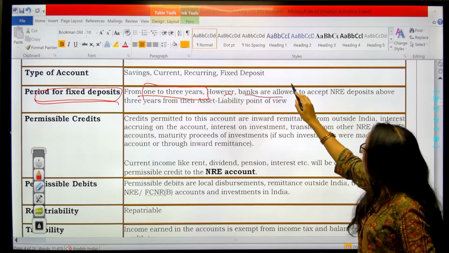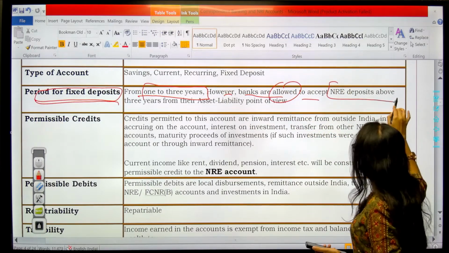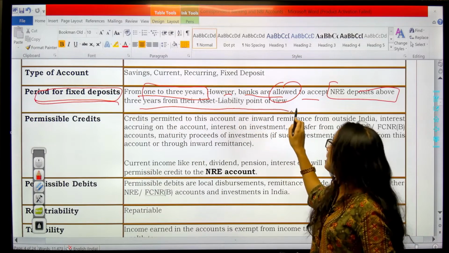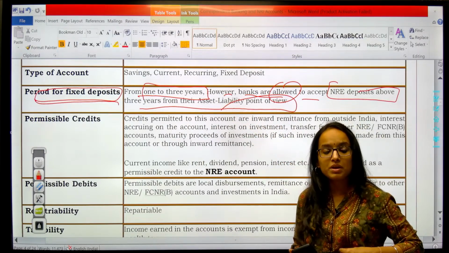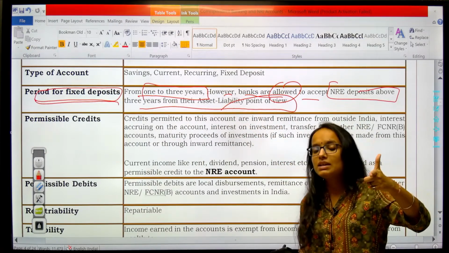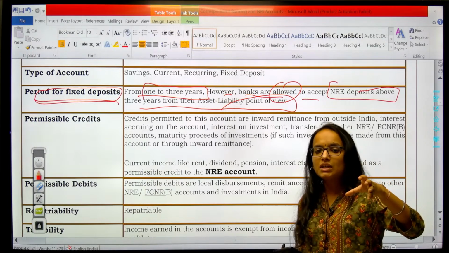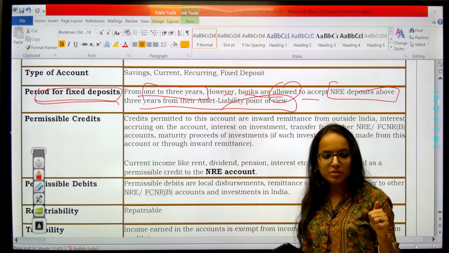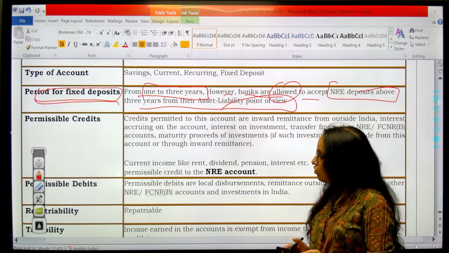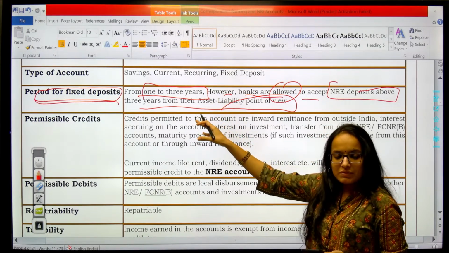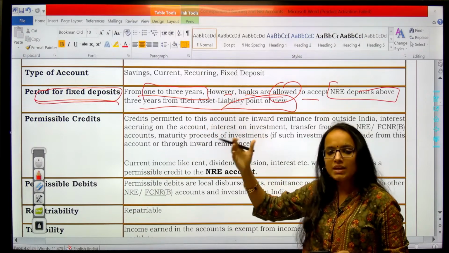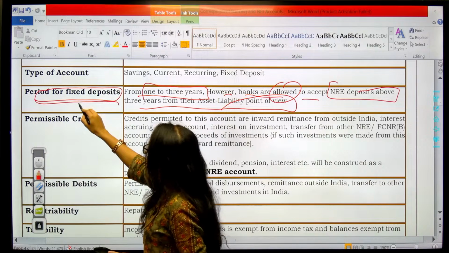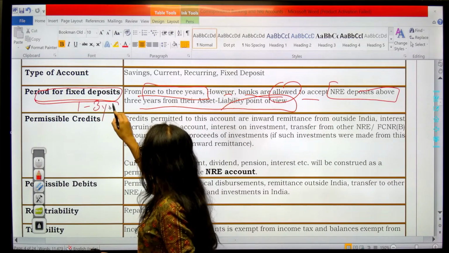However, banks are allowed to accept NRE deposits above 3 years from their asset liability point of view. That would be assessed by the bank itself, if the asset liability condition of the bank allows it. Are you able to understand this? So the period of these fixed deposits is usually 1 year to 3 years.